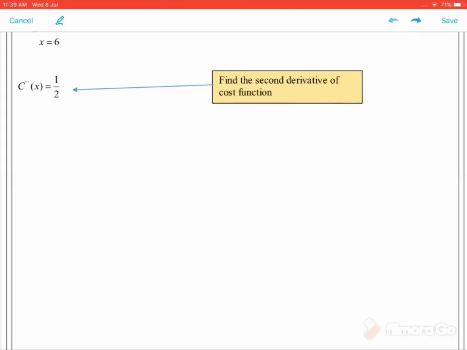So the second derivative for the cost function is equal to 1 over 2. So 1 over 2 is greater than 0. Means that if greater, it is a minimum point. Okay? So we can write the cost is minimum at the production level x equal to 6.